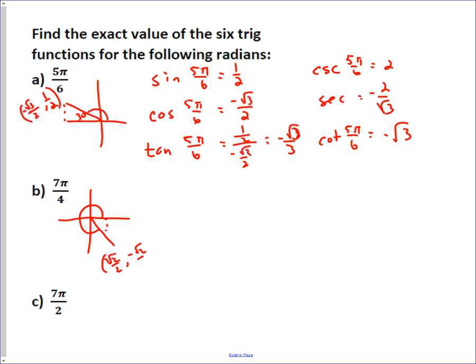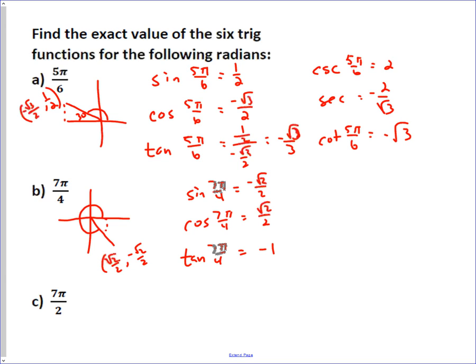So sine of 7 pi over 4 is just the y value, which is negative root 2 over 2. Cosine of 7 pi over 4 is just the x value, which is positive root 2 over 2 because you're in the fourth quadrant. Cosine's positive there. And then the tangent is just y over x, which turns out to be negative 1. Take the reciprocal of each of those, and you'll get the other three values.